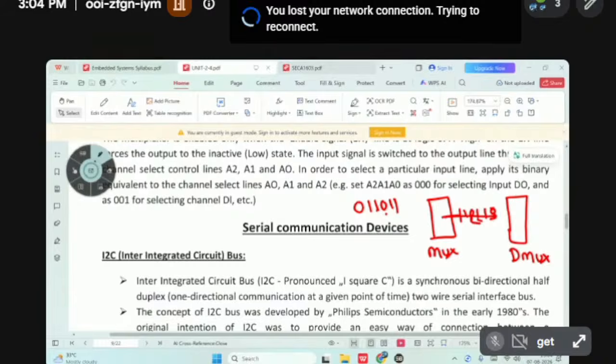We may use different types of multiplexers and demultiplexers for the purpose of serial communication devices. In that, we have the I2C concept. It is nothing but the inter-integrated circuit.